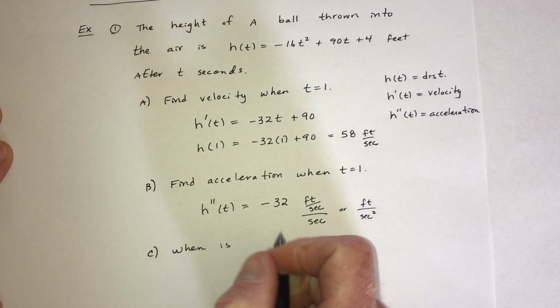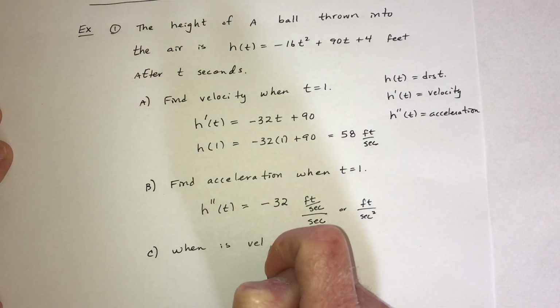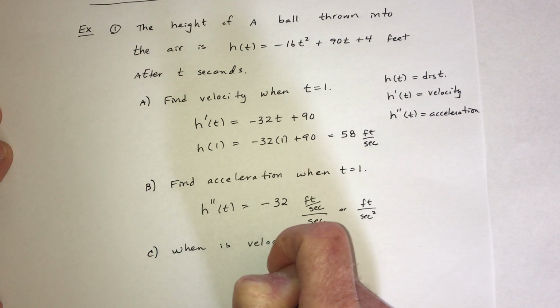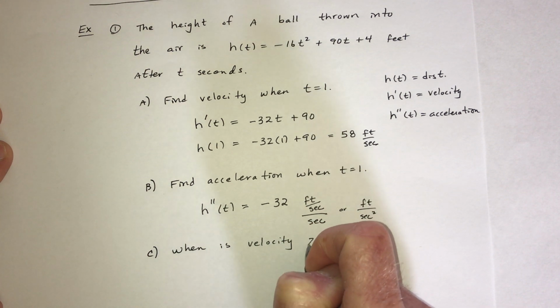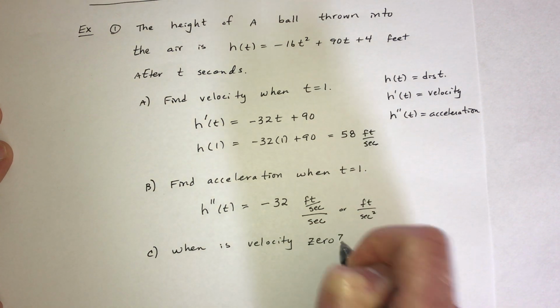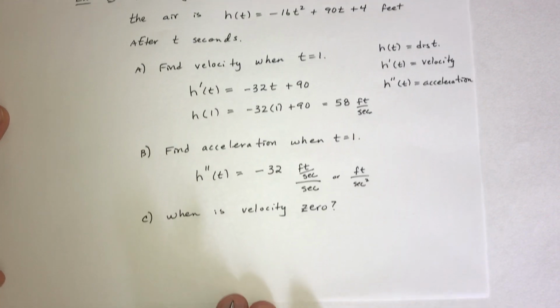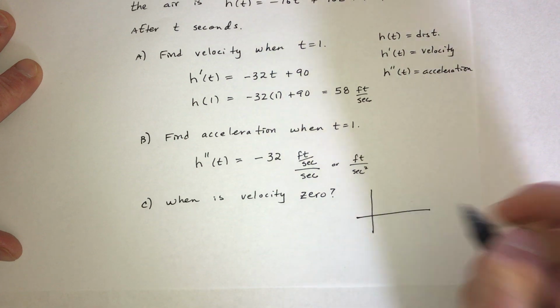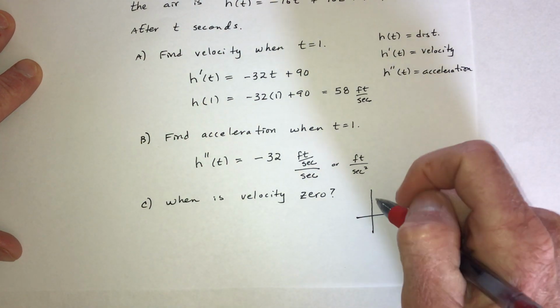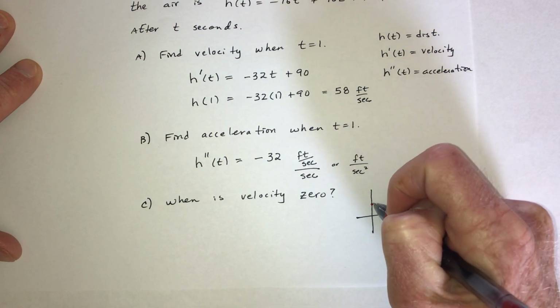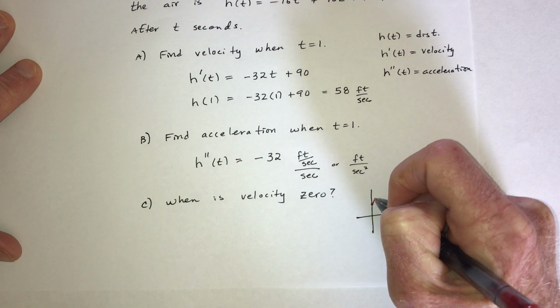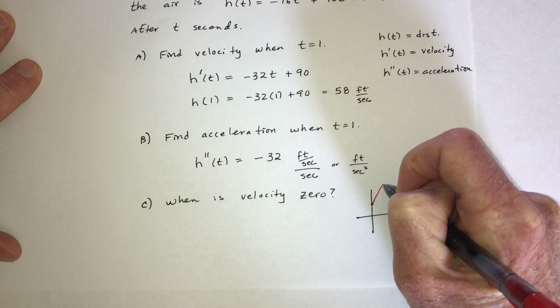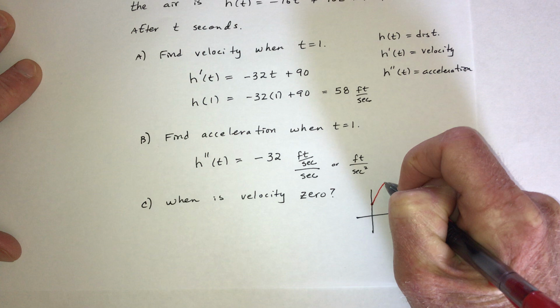Then for part C, when is the velocity equal to 0? So if you have some object that is going to go up and it's thrown at 90 feet per second, it's going to be going up, and the velocity is going to be positive.